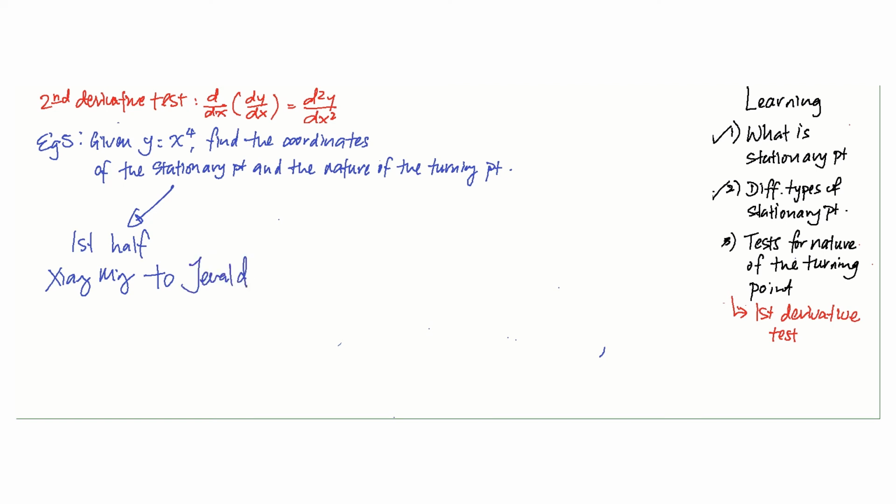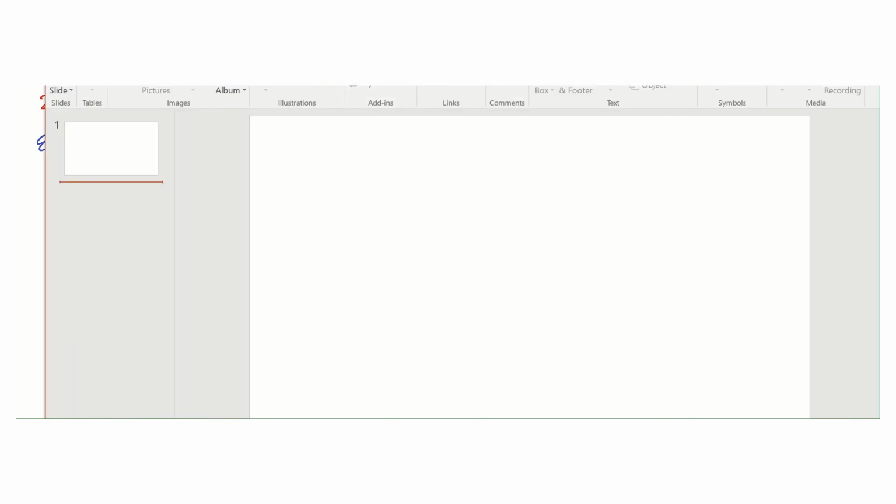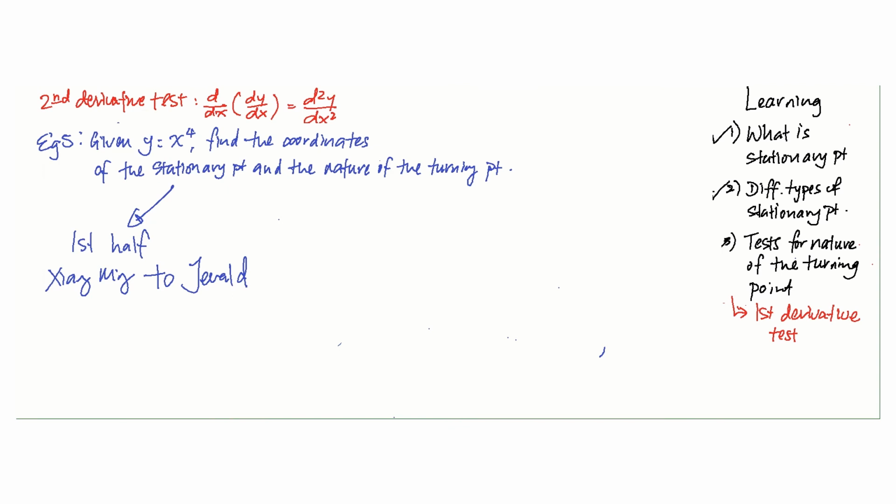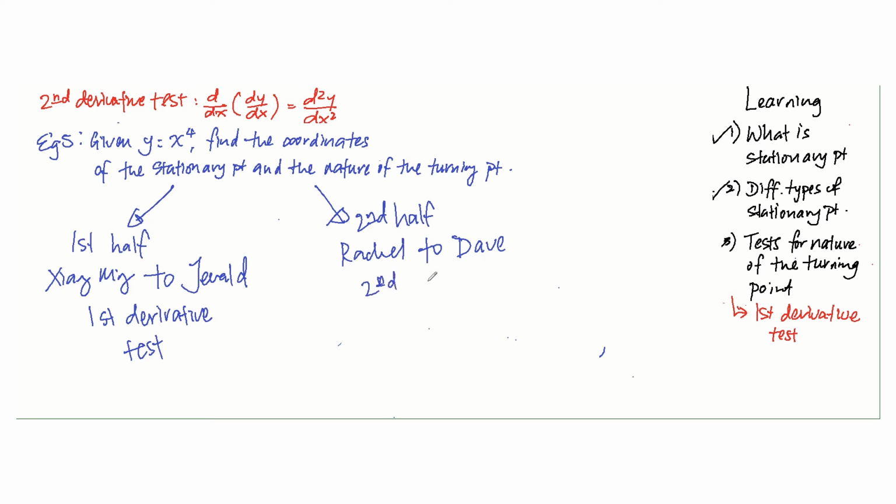You will attempt to solve this question by the first derivative test method. And the second half, that means the rows from Rachel all the way to Dave, you will attempt to do this question by the second derivative test method.